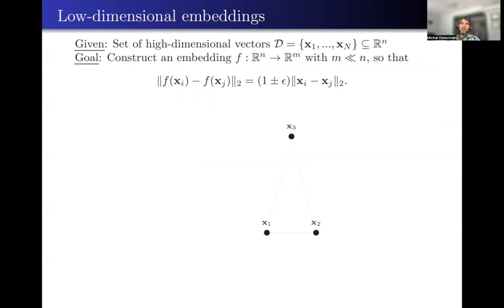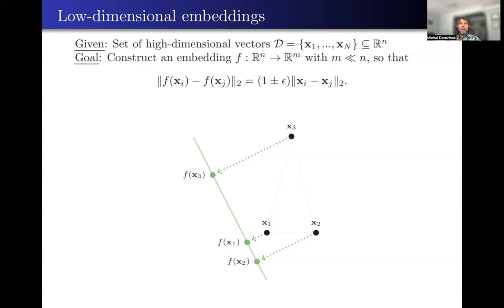The classical version of this task is that we have a large number of high dimensional vectors, and we would like to construct an embedding, basically a mapping that will map these high dimensional vectors to some lower dimension, let's say M, so that the pairwise distances between the vectors in the Euclidean sense are preserved up to some multiplicative factor, let's say 1 plus minus epsilon. For example, here we have 3 points.